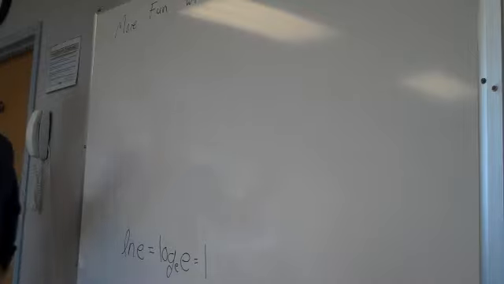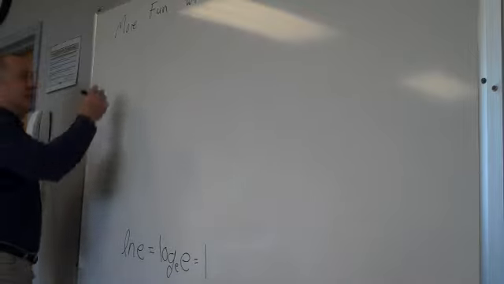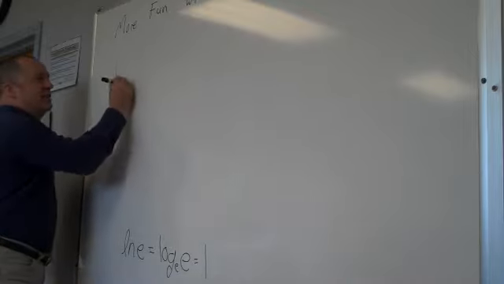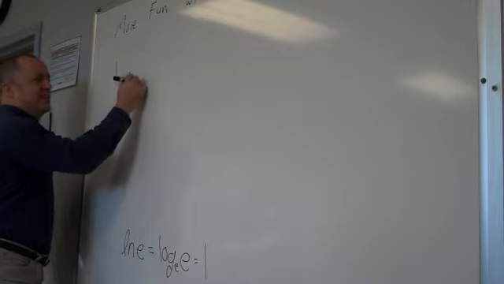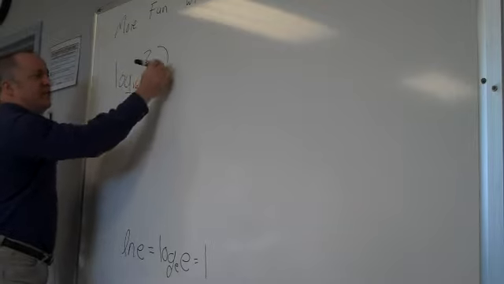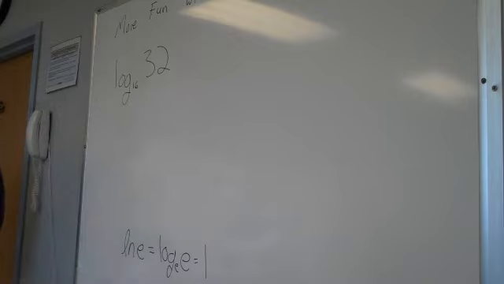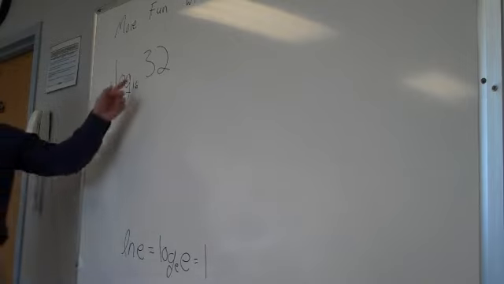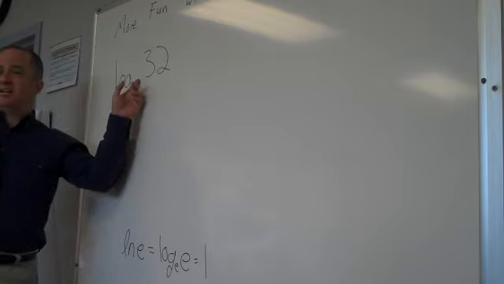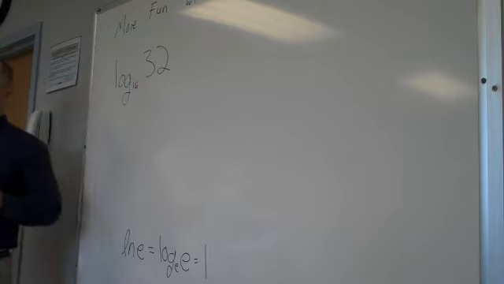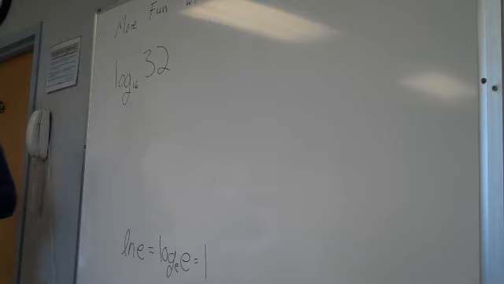Let me do this example and see if this helps a bit. Without a calculator, what's the log base 16 of 32? Think about what this question is asking: what exponent do I put next to 16 to get 32? It's not what do I multiply 16 by to get 32.